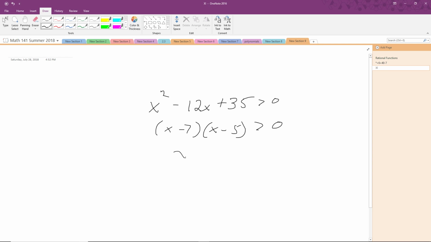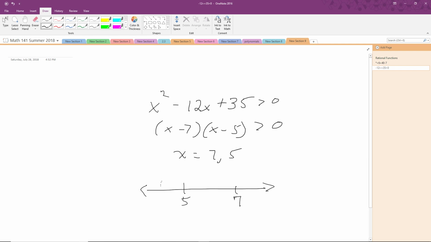And so my critical values will be 7 and 5. And that implies that I can create on my number line these 2 points here, and it divides my number line into 3 regions.